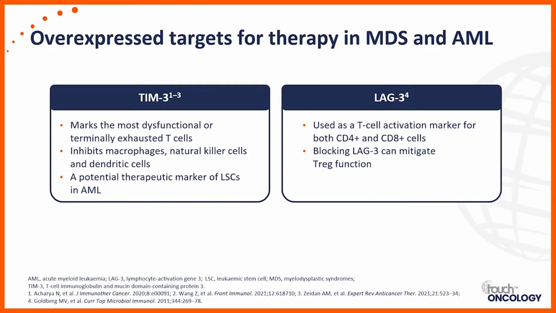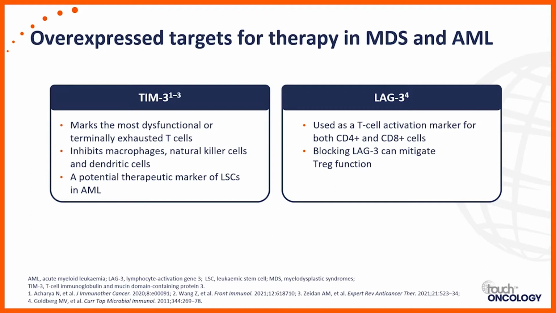There are actually plenty of overexpressed targets, and I think some of them are already targeted in the clinic, and some of these agents are already pretty advanced. I would start with TIM3, which is a T-cell immunoglobulin mucin domain containing protein 3. It marks the most dysfunctional or terminally exhausted T cells, inhibiting macrophages, NK cells, and dendritic cells.